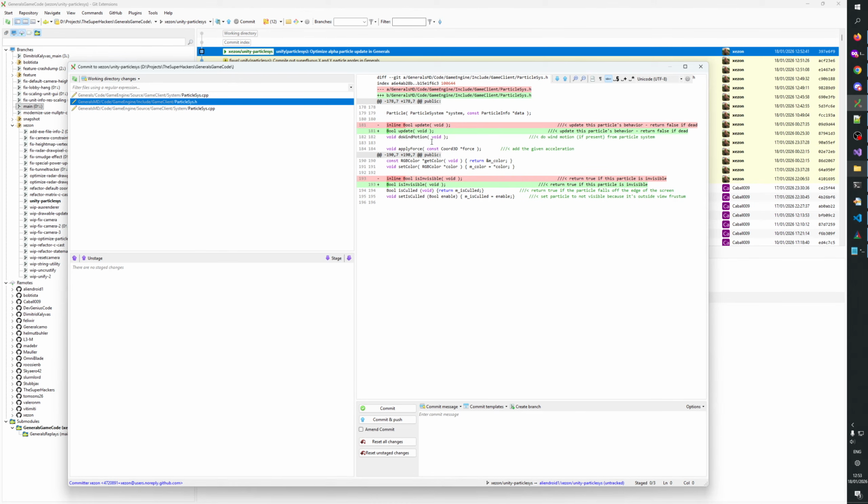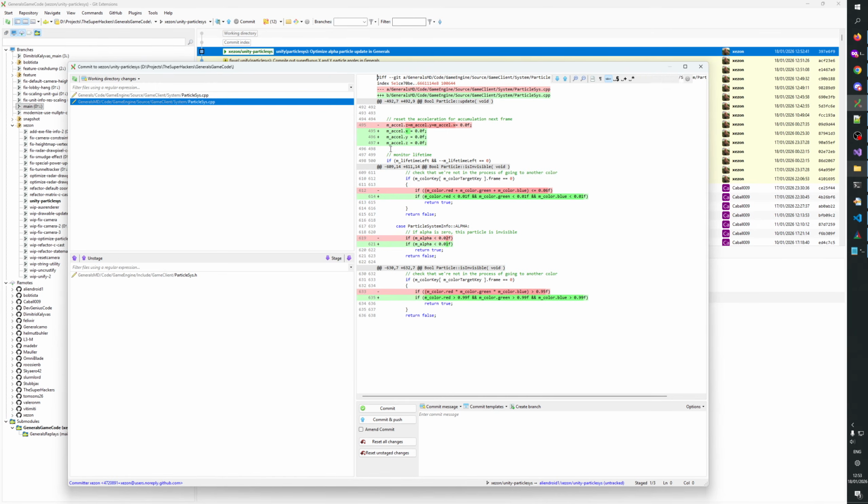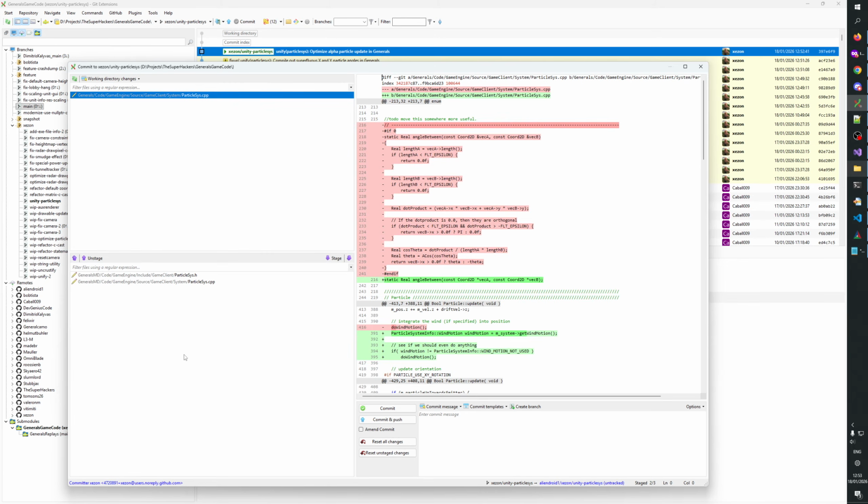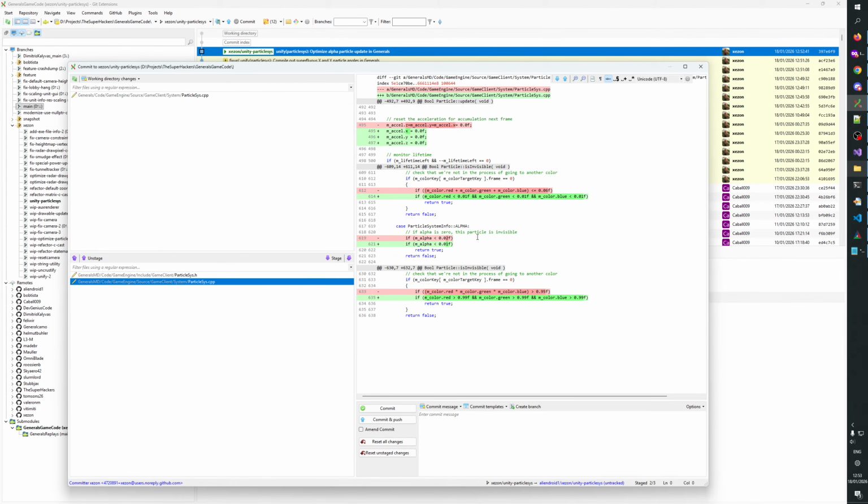Then yeah, we remove this here and we take this, and then we say here, I think this is unify ParticleSys.